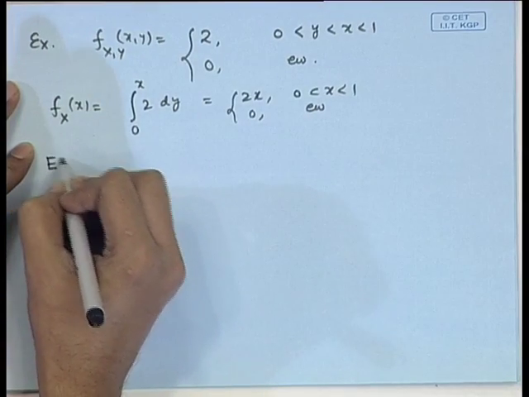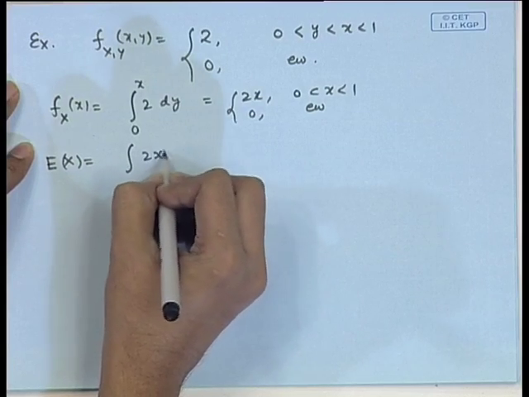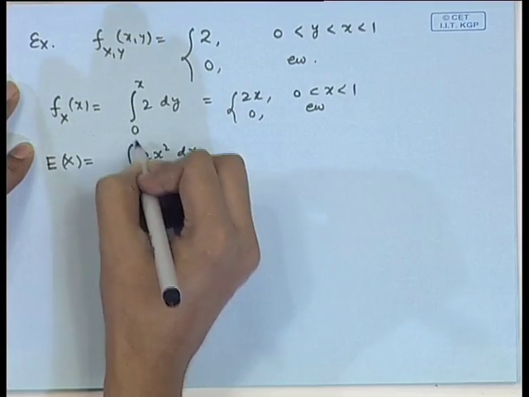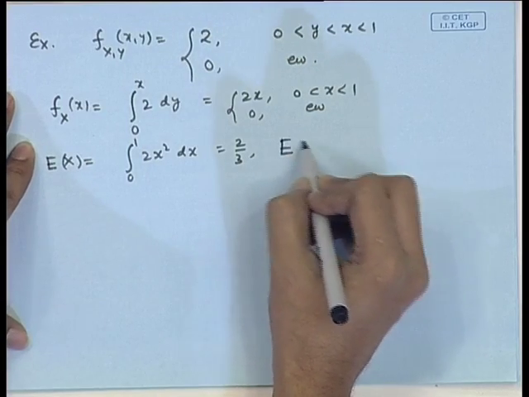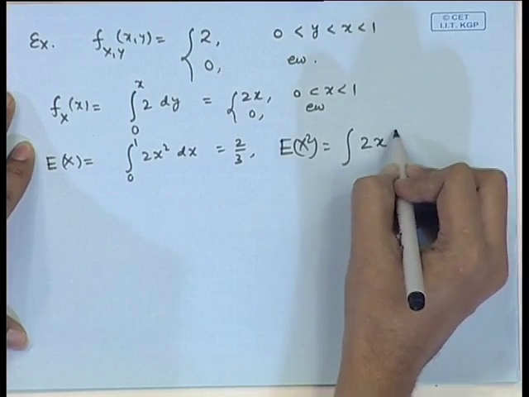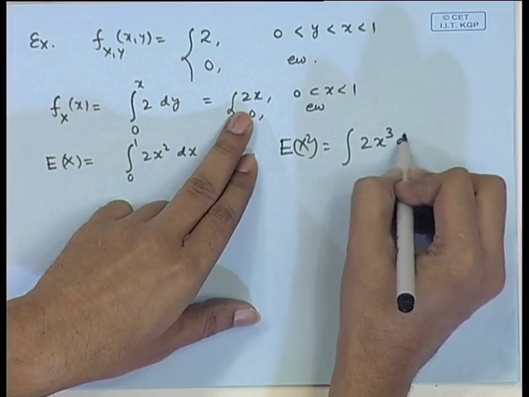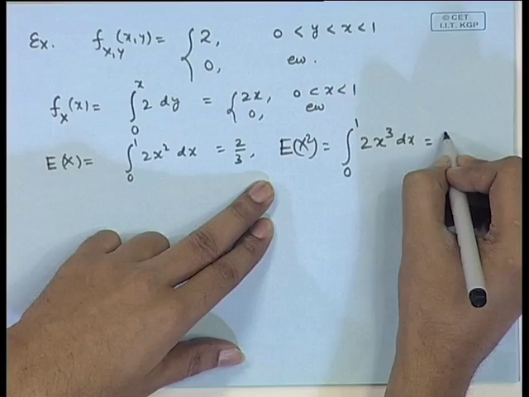So, expectation of x is equal to the integral of 2 x square dx from 0 to 1, that is 2 by 3. Expectation of x square is equal to the integral of 2 x cube dx from 0 to 1, that is equal to half.